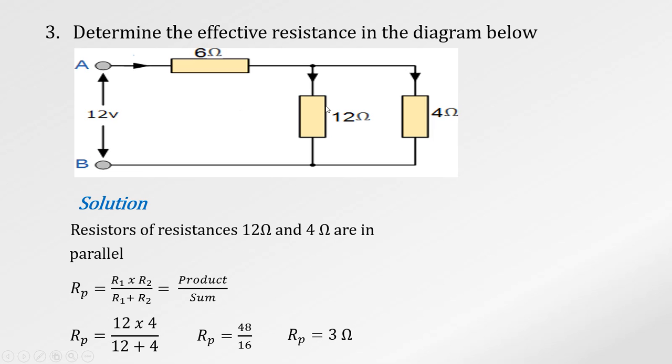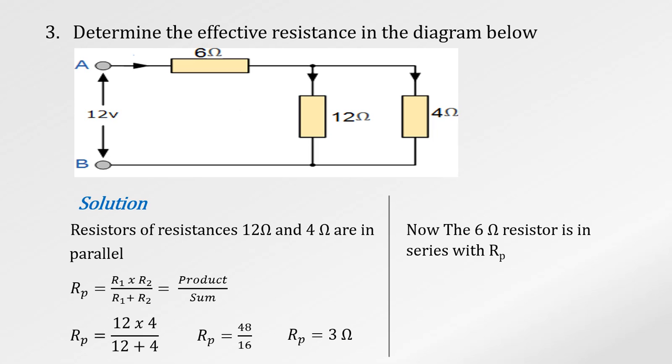So these 2 resistors which are in parallel reduced to 3 ohms, and that resistance RP is now in series with the 6, and therefore we just add, 6 plus 3, and we get the total resistance of the whole circuit as 9.